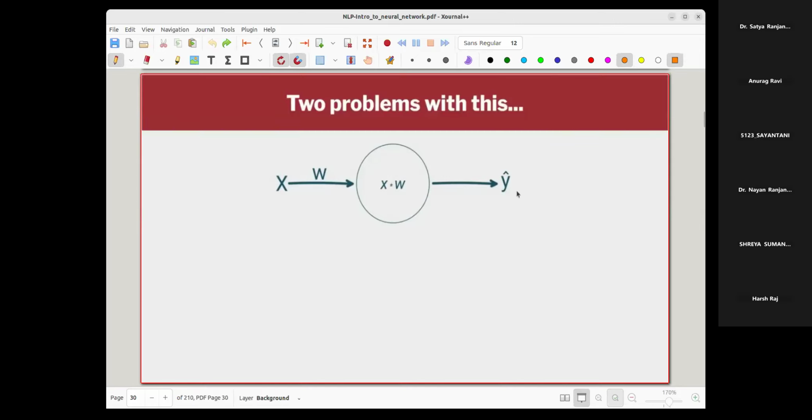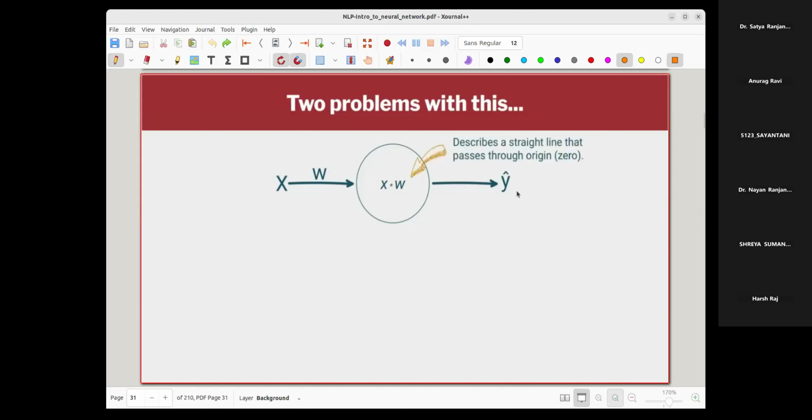But what is the problem with this? If we use this as a function to learn some mapping from input to output, we are trying to map input feature X to the actual output target Y, and we have decided the function is X into W. For what W will Y be equal to Y cap, that we have to find out. But if you use this function, you will see there are two problems.